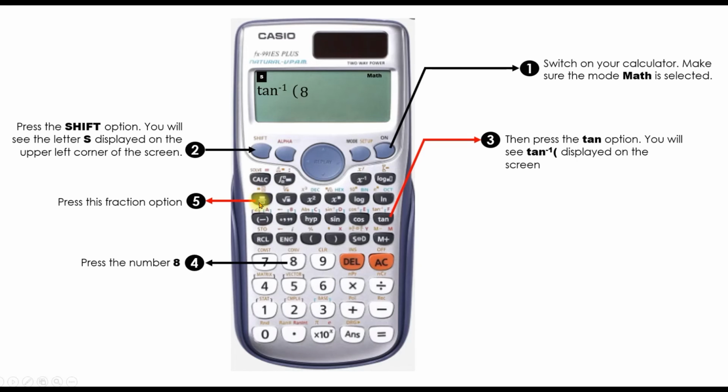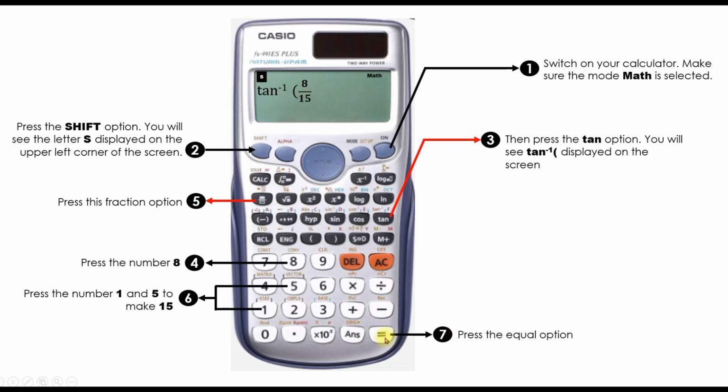Upon pressing this option, you will get this display, 8 over a box or a square. Step number 6 is to then press 1 and 5 to make the value of 15. Then 8 over 15 would appear. Step number 7 is to press the equal option.